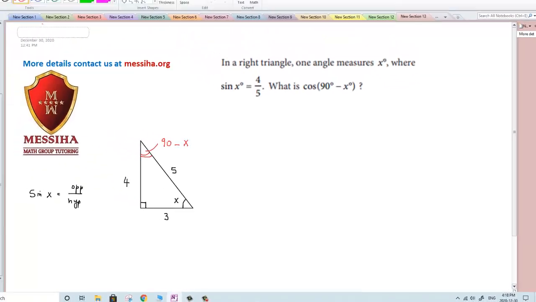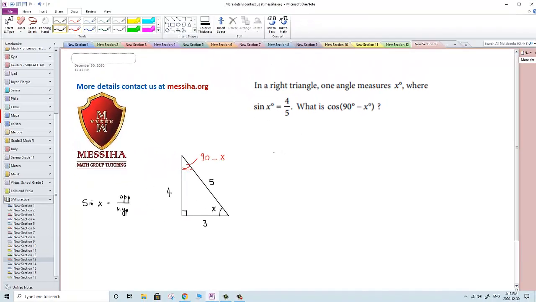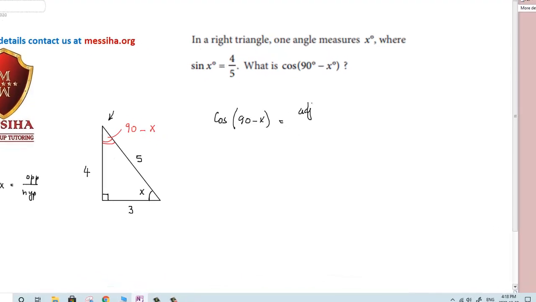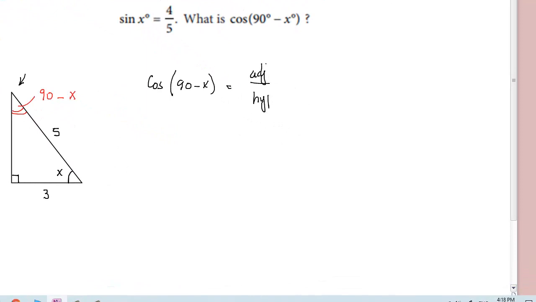So when we ask what is the cosine of 90 minus x, that means I need the cosine of this angle. And you know the cosine is adjacent over hypotenuse. So that means 4 over 5 again.